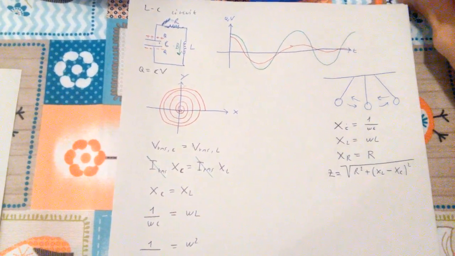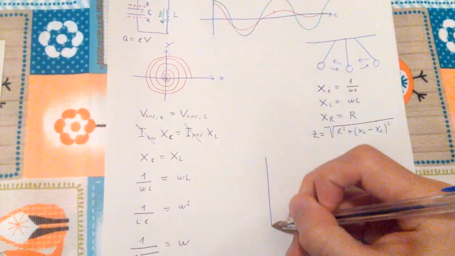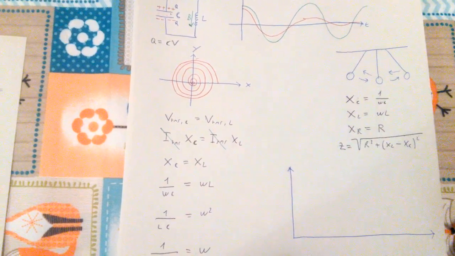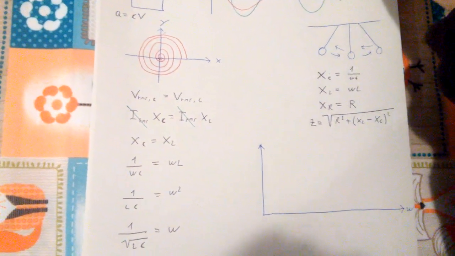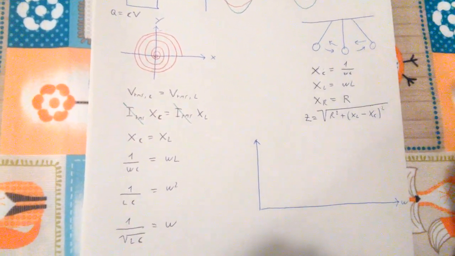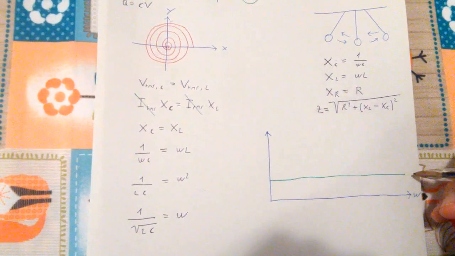And if we were to plot this in a graph, let me see if I can squeeze it here with omega. We will basically have that, well, first of all, the resistance R will be a certain fixed value. I'm going to put it here.